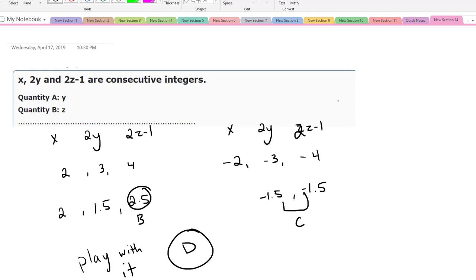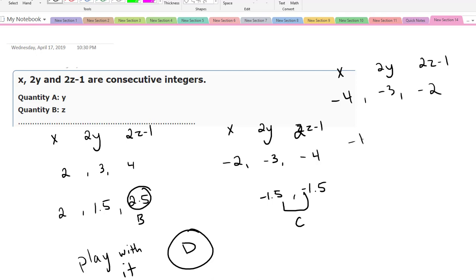So what we can do is we can say, okay, -4, -3, and -2. Let's just see what happens here. So we have x, we have a 2y, and we have a 2z minus 1. Okay, I wrote it correctly this time.